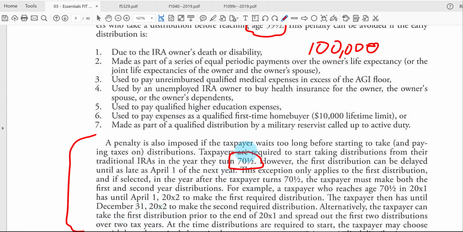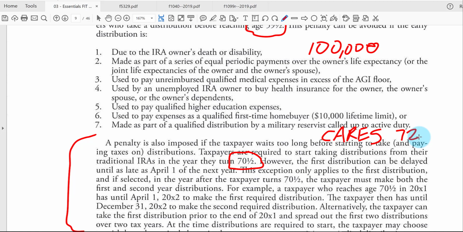But under the current, what they call CARES Act, a law that was passed to help with the COVID-19 situation, the age is now moved to 72 before you're required to start taking out distributions. So just about a year and a half more.